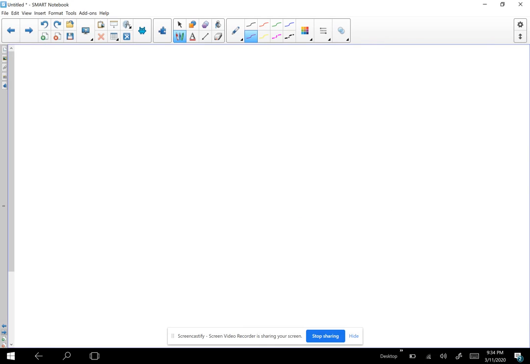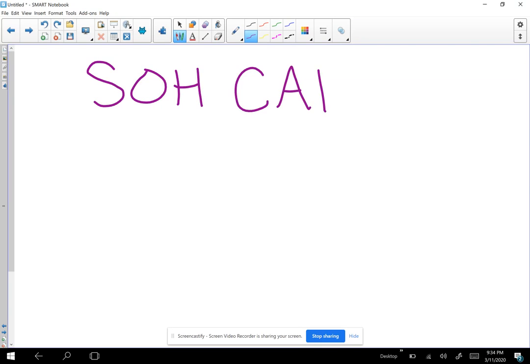So we will be using sine, cosine, and tangent for this entire lesson, so I did want to make sure that we are comfortable with what those exactly mean. If you remember from last class, we kept talking about SOHCAHTOA, this acronym that you could use to help remember what sine, cosine, and tangent stand for.